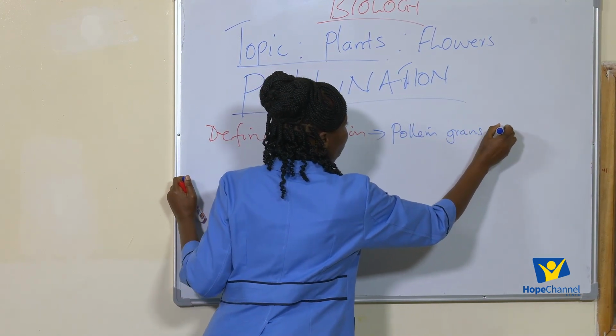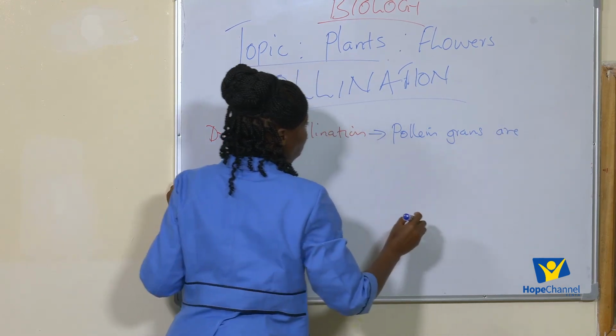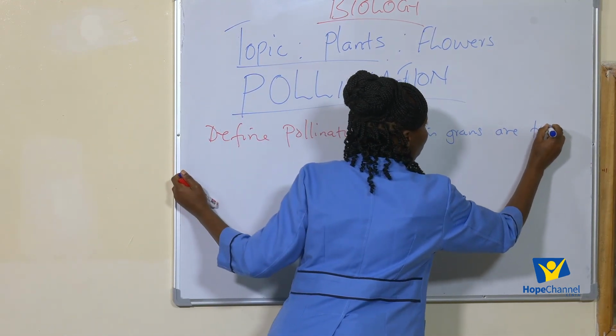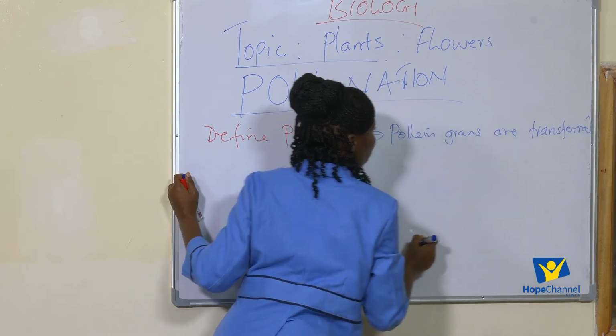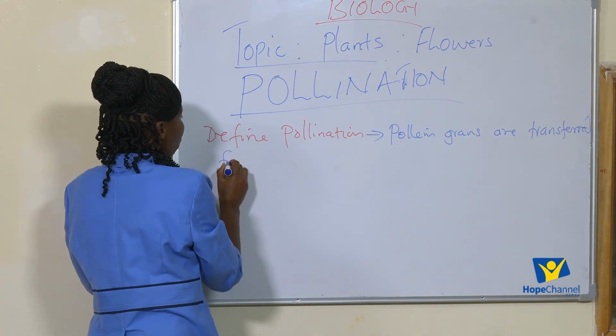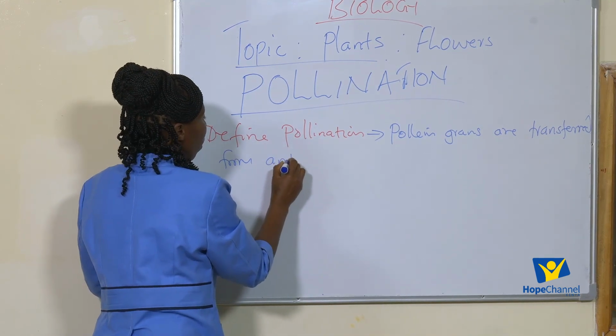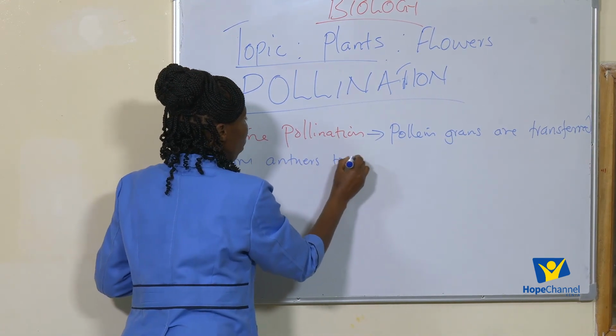are transferred. Pollen grains are transferred from the anthers to the stigma.